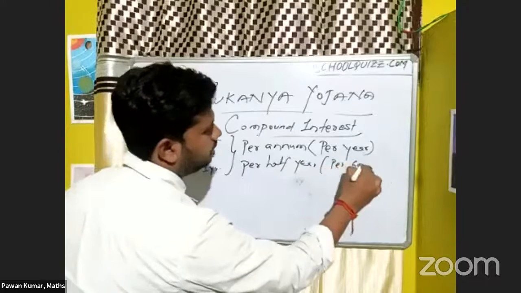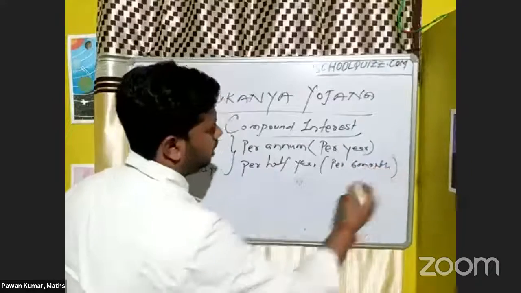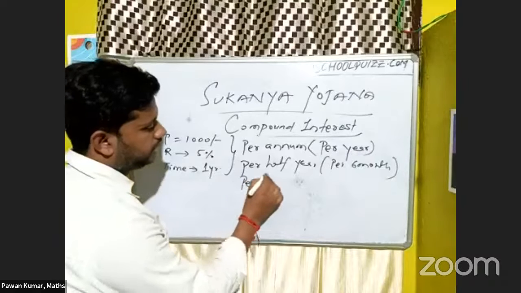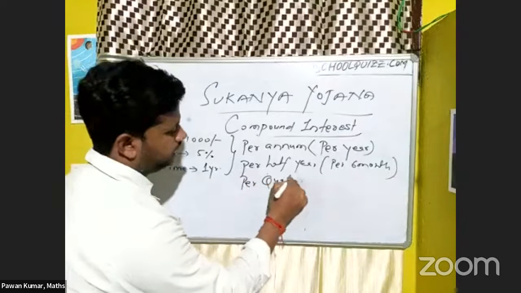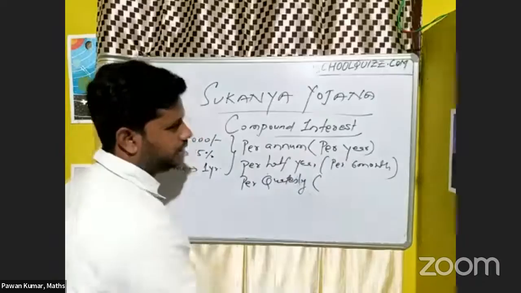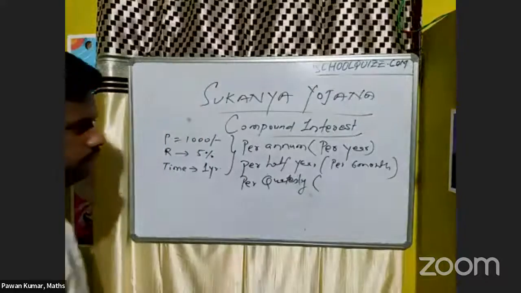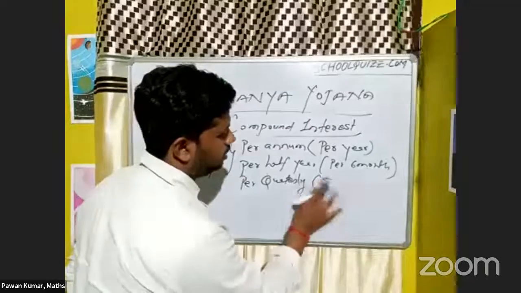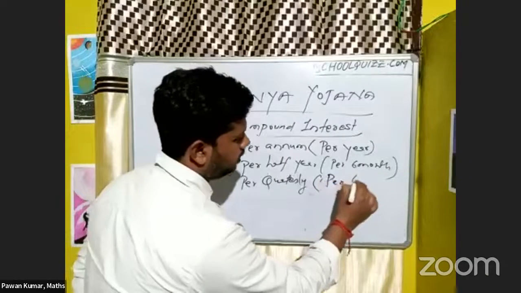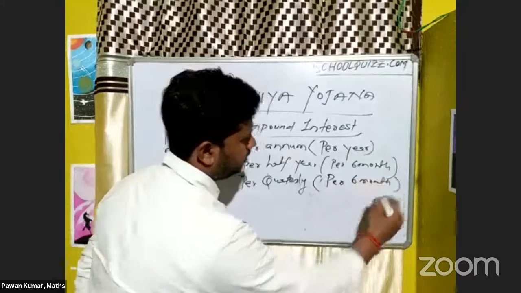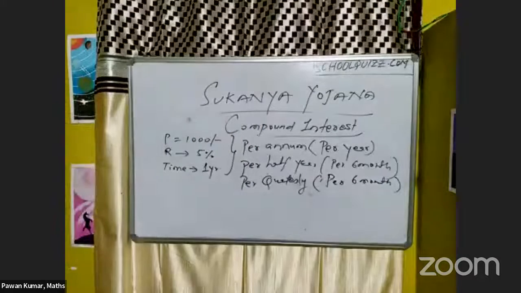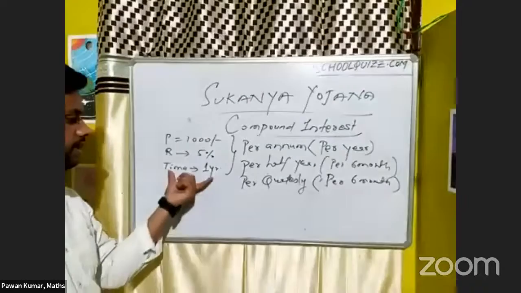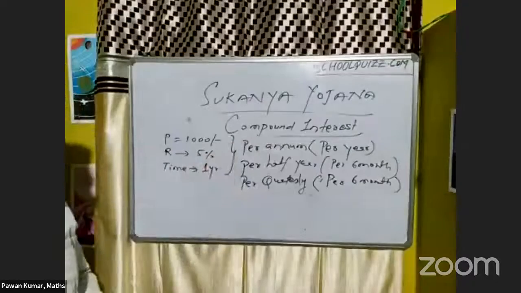And quarterly is dividing the year on a quarter basis, so every 3 months. That is the way the person will indicate the rate time. Here I am calculating as per annum.